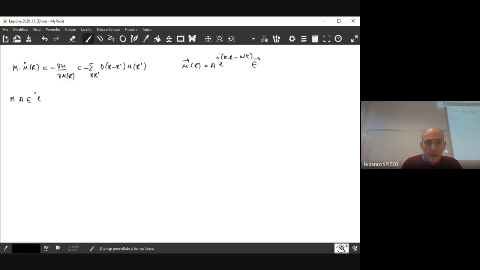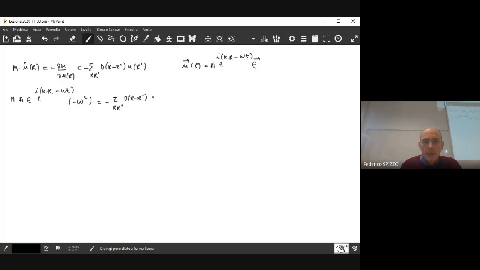Then I have the phase. Then I have a second derivative of that with respect to time. So I have minus omega square due to the second derivative. And this is equal to minus summation over r and r prime of D of r minus r prime.